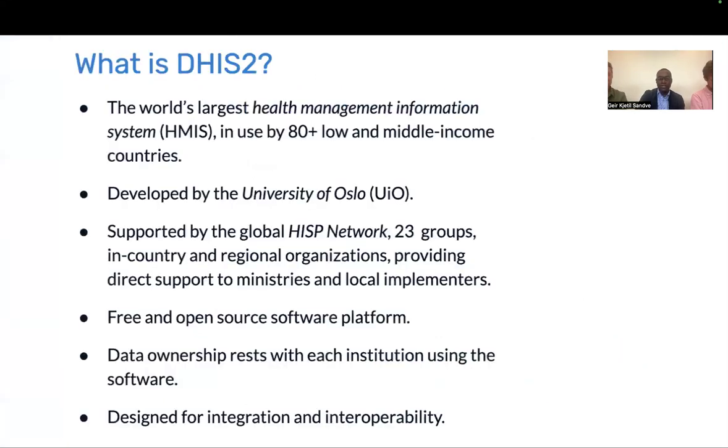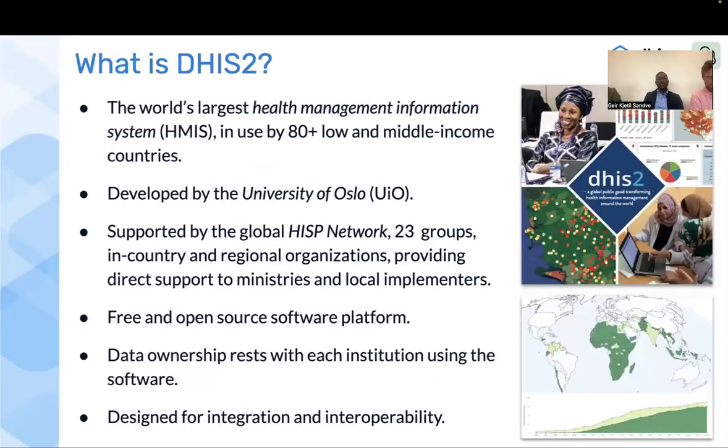So maybe to get started, it's very important that we help the team understand what DHIS2 is. So what is DHIS2? DHIS2, based on the implementation, is one of the world's largest health management information systems that is used in over 80 countries and mainly in the low and middle income countries.